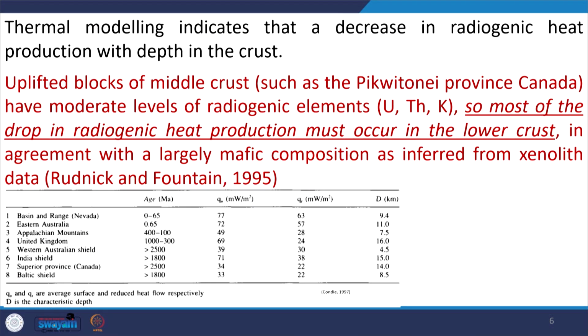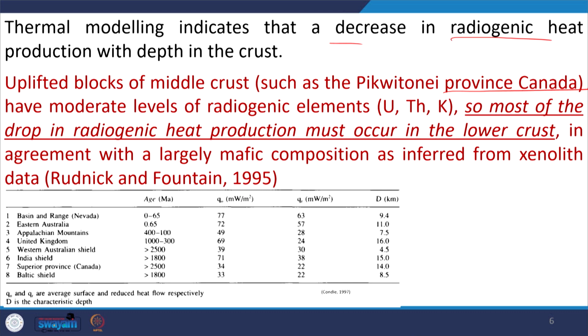Then thermal modeling indicates a decrease in radiogenic heat production with depth in the crust, now concentrated within the crust itself. So, in the crust we have upper crust and lower crust. Once we are going down, the heat production in the crust decreases with depth. An uplifted block in the middle crust, such as this province in Canada, has a moderate level of radiogenic elements.